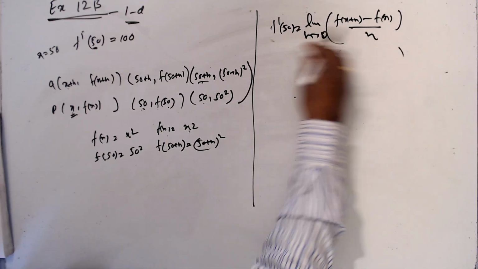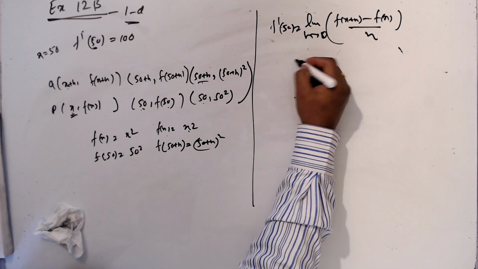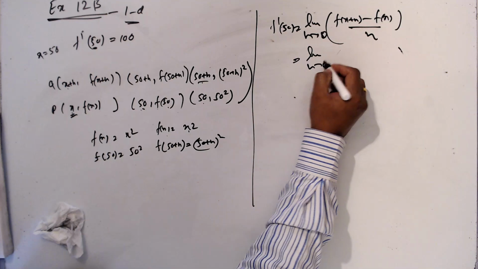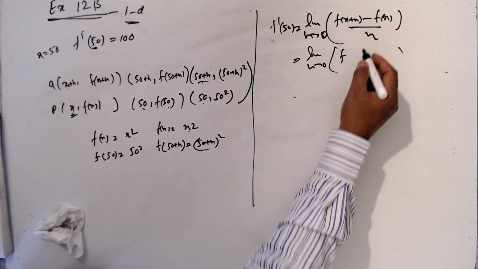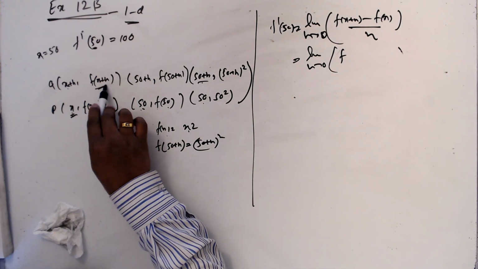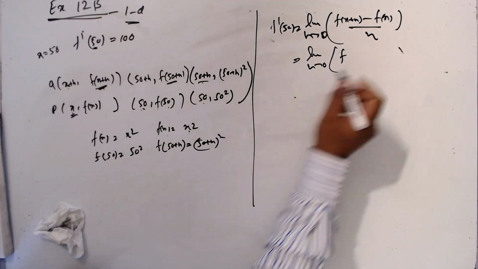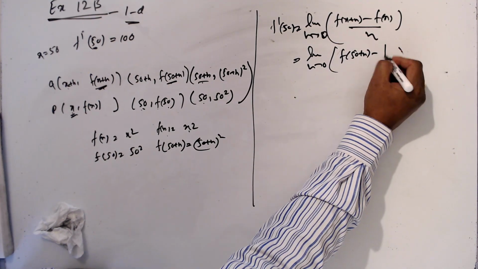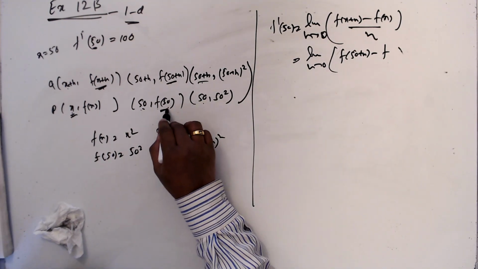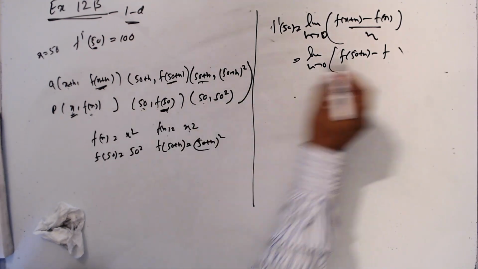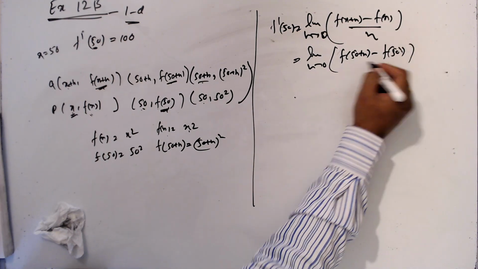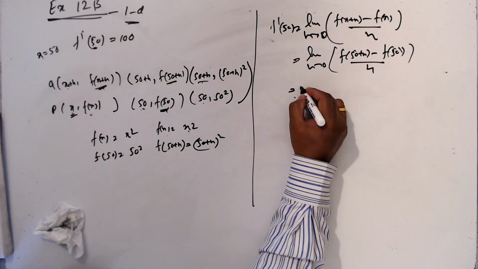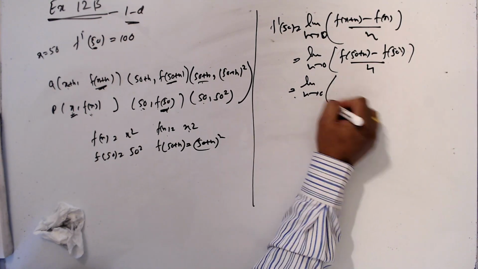Let me write one more step. Limit h tends to 0: instead of x plus h, now you are writing 50 plus h, minus f(50) instead of f(x), and over h.